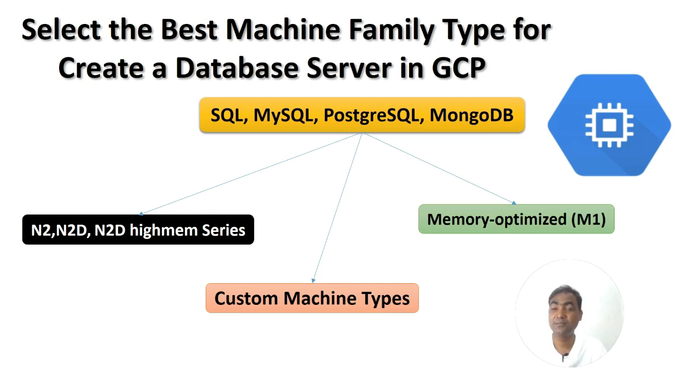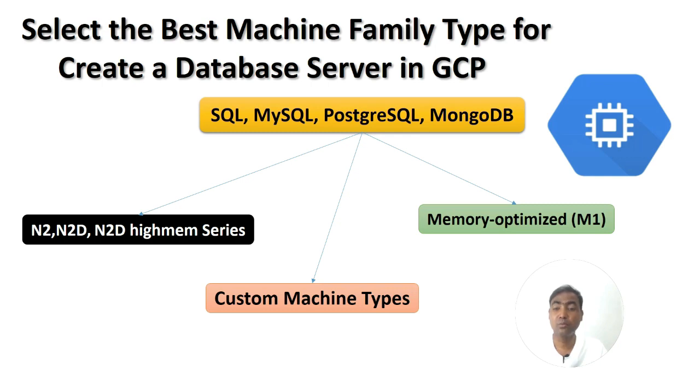As you can see here, this is a general overview of the different machine family types and their suitability for database servers, like the memory optimized machine series. Memory optimized machines are a good choice for database servers that require a lot of memory.